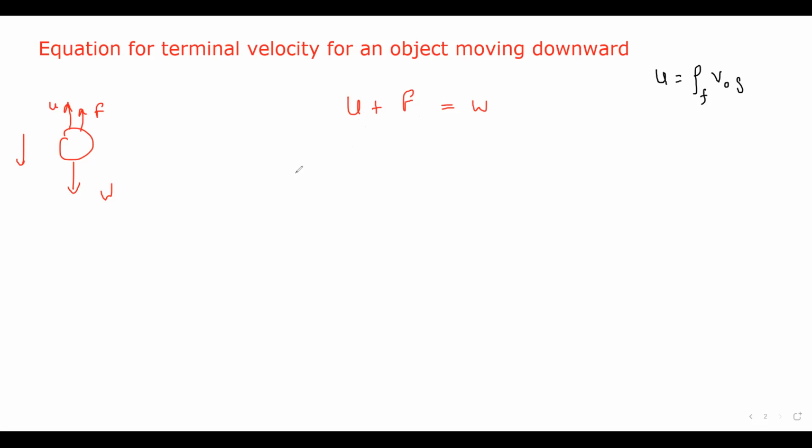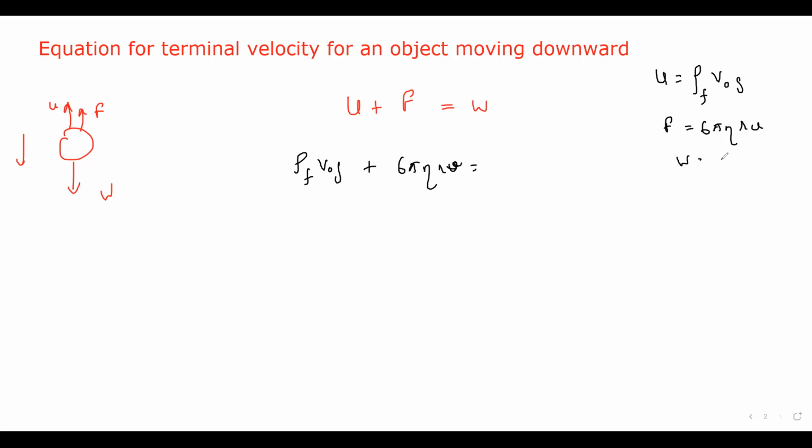So in place of upthrust I can write density of the fluid, volume of object, and gravity, plus the viscous drag. According to Stokes, for a small spherical object, the viscous drag is 6 pi eta r v.